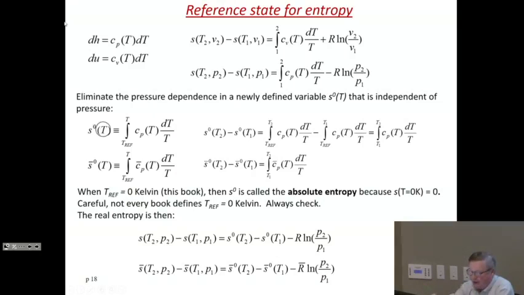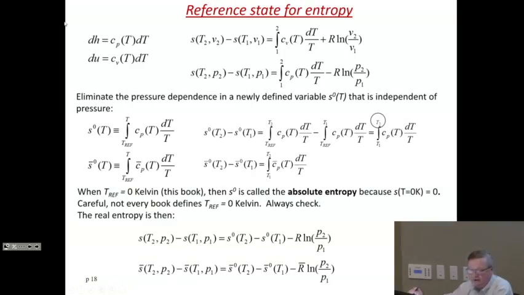So once we have that, we can express a change in entropy, in absolute entropy, in S naught. That is just the integral of Cp of T. But then when we look at the real entropy, we have this correction term for pressure. This is S naught of T2 minus S naught of T1, between the reference and T2, the reference and T1. These two integrals sum to be between T1 and T2.